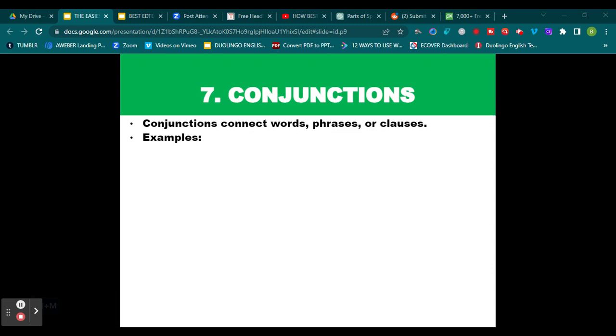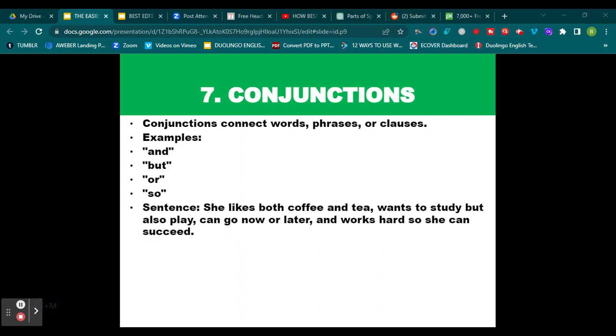conjunctions. Conjunctions connect words, phrases, or clauses. Let's look at some examples: and, but, or, so. Let's use them in a sentence.